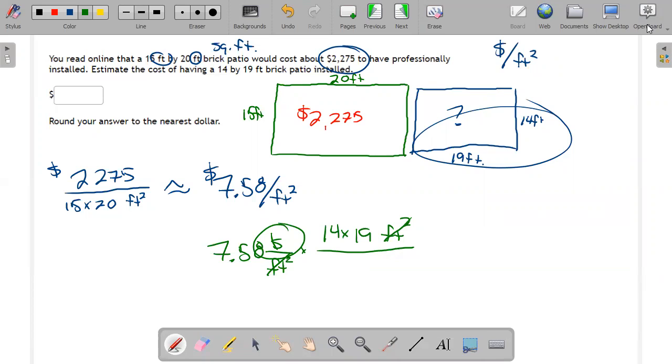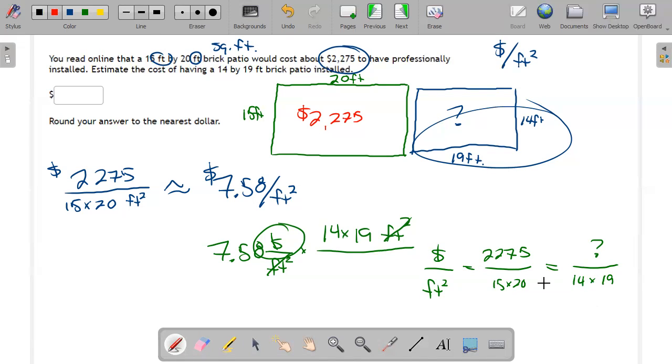Alternative approach to this one, by the way, would be to just set up a proportion where we compare dollars to square feet. So my original problem has 2,275 divided by the 15 times 20. I want to know comparably what should be the cost for something that is 14 by 19.